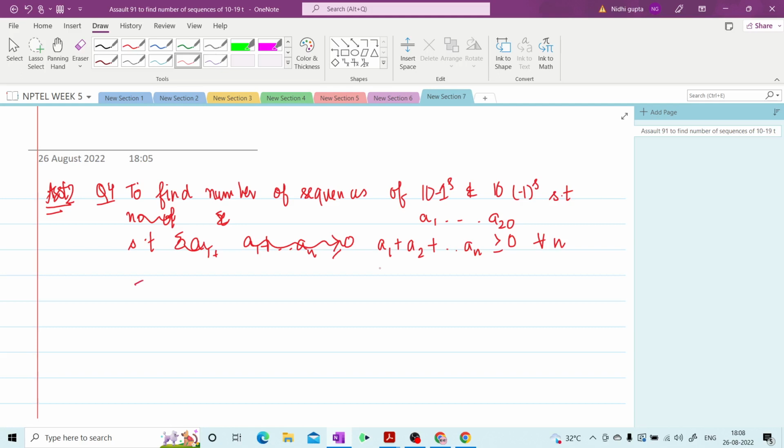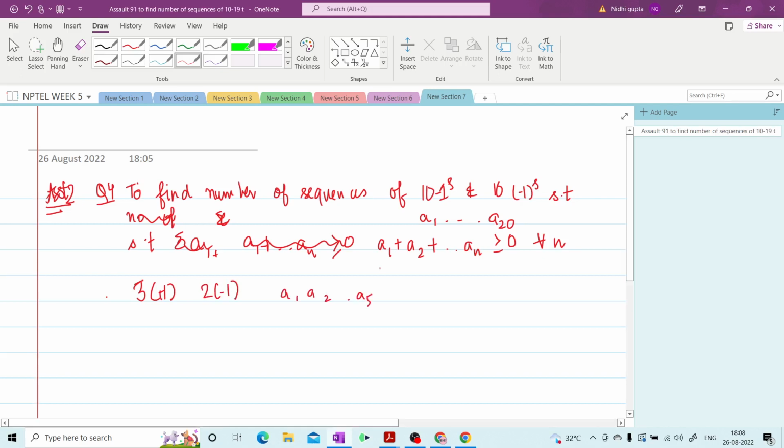Okay, so you are talking about this A1 till A5, suppose, and you are saying that the arrangement for this will be 5 factorial by 2 factorial into 3 factorial.